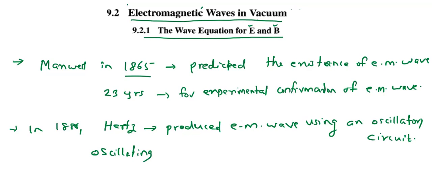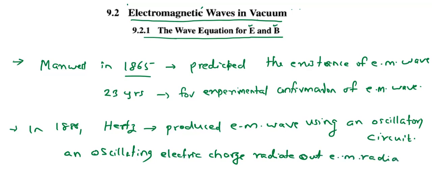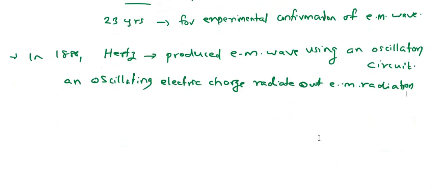He found that an oscillating electric charge radiates out EM radiation, electromagnetic radiation. That was his finding, and it was also proved that the energy of the radiation is equal to the kinetic energy of the oscillation of the charge.